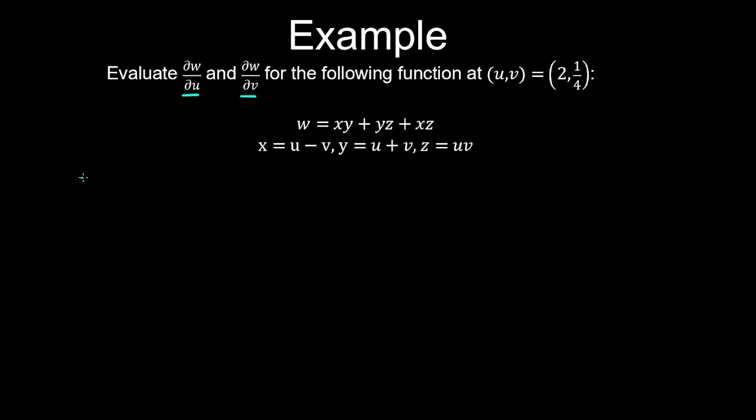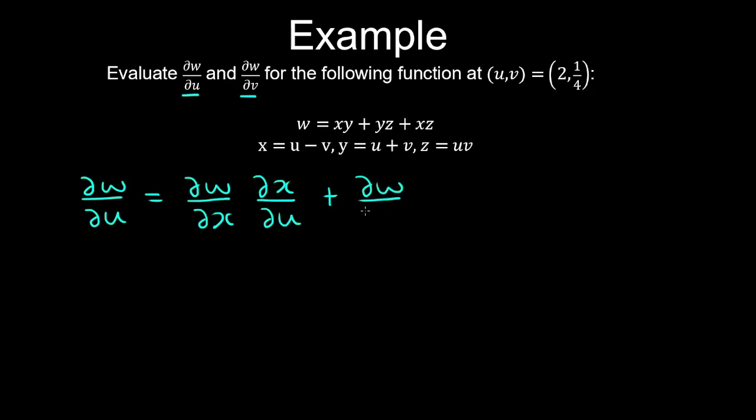So applying the chain rule, we have the partial of w with respect to u is the partial of w with respect to x, by the partial of x with respect to u, plus the partial of w with respect to y, by the partial of y with respect to u, and plus the partial of w with respect to z, by the partial of z with respect to u.